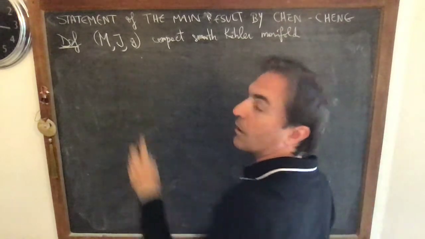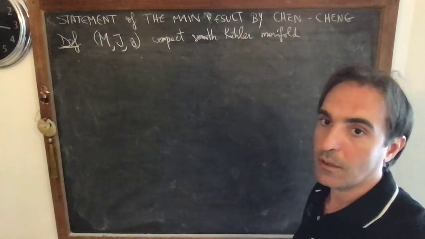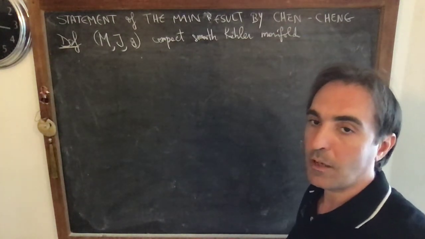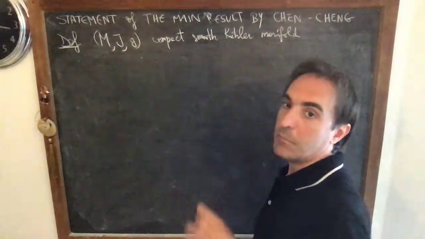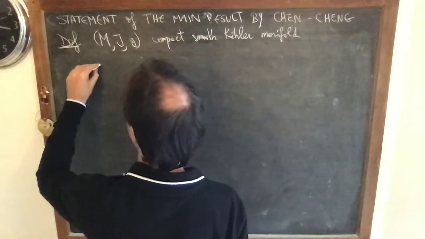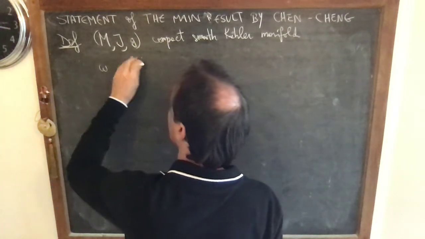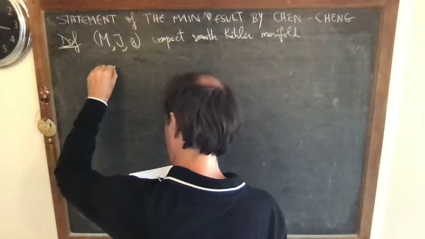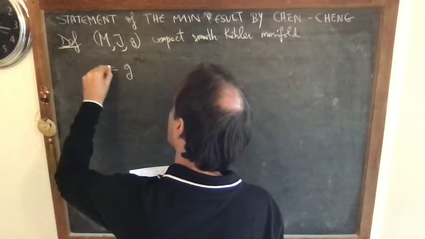And while the complex structure is going to be thought of as a fixed one, g will be varying within the Kähler class.